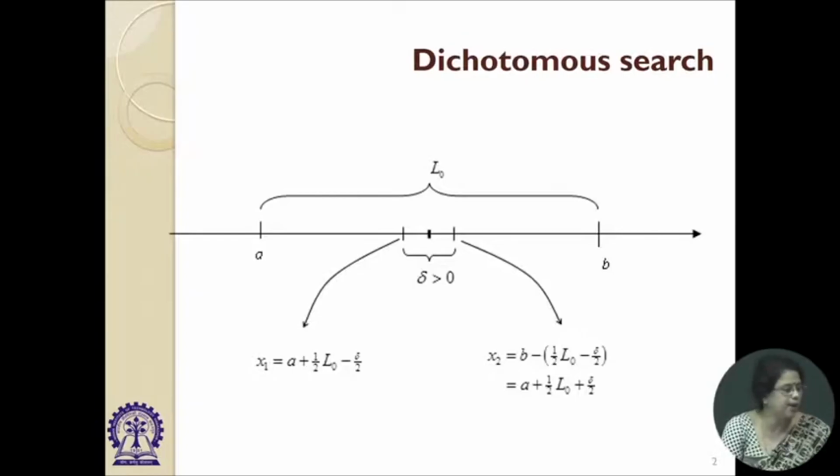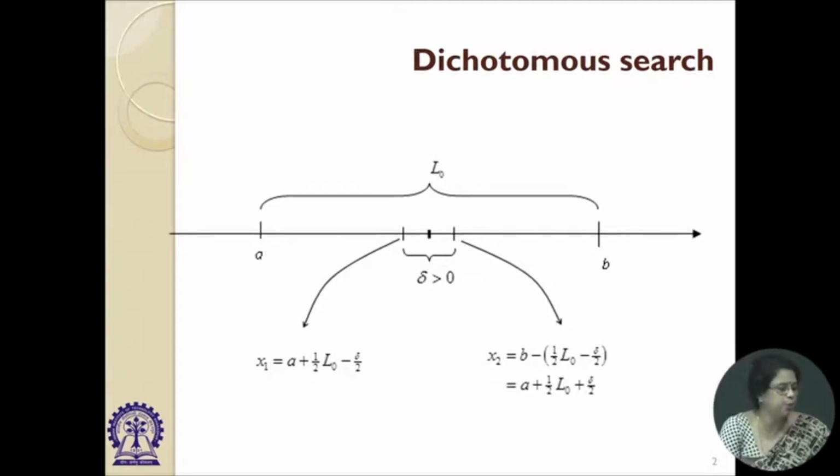That is why x1 will be a plus half into L naught minus delta by 2, and similarly x2 will be on the right hand side of the middle value of the initial interval of uncertainty, delta by 2 distant. That is why the value would be a plus L naught by 2 plus delta by 2.